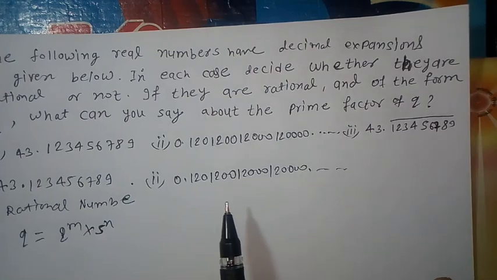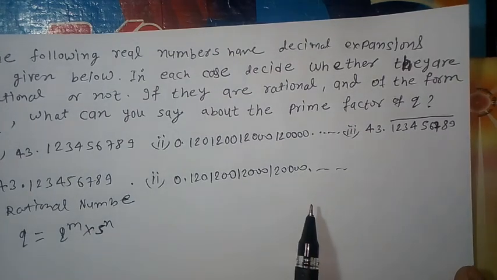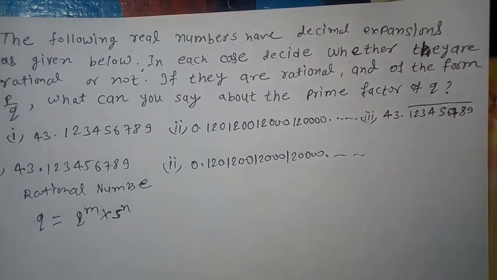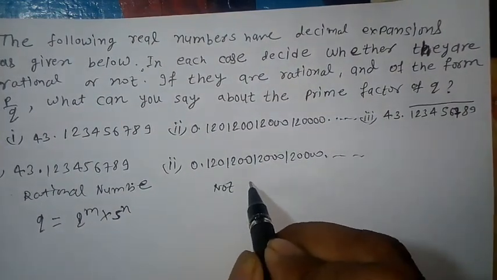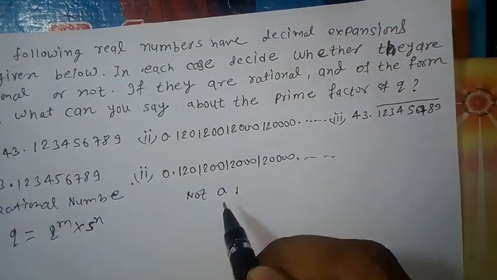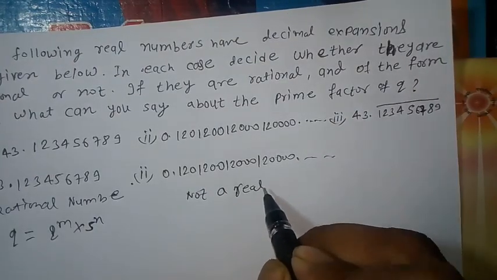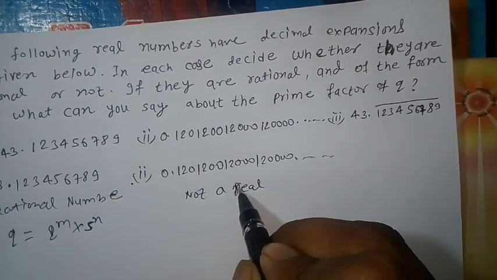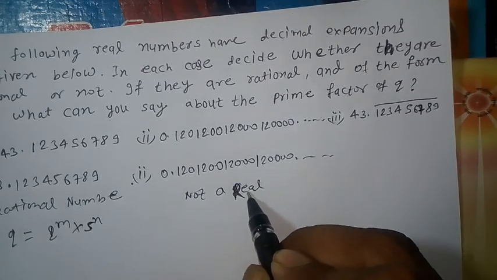It means that this is not repeating the same block. So this is not a rational number. This is a real number but not a rational number.